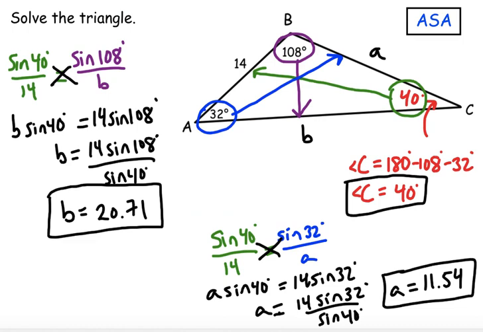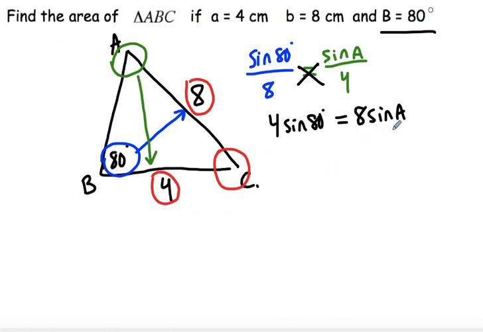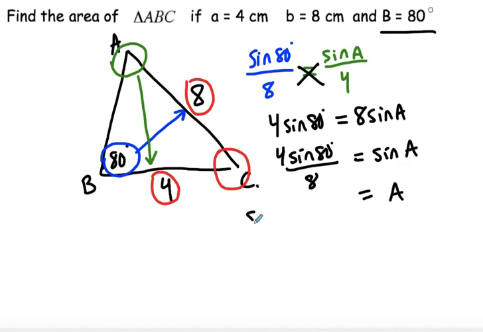In those other problems we were solving for sides. So just be a little careful. If we're solving for A, the first thing we have to do is divide by 8. And then if we want angle A all by itself, we're going to have to do the inverse sine of all of this stuff.